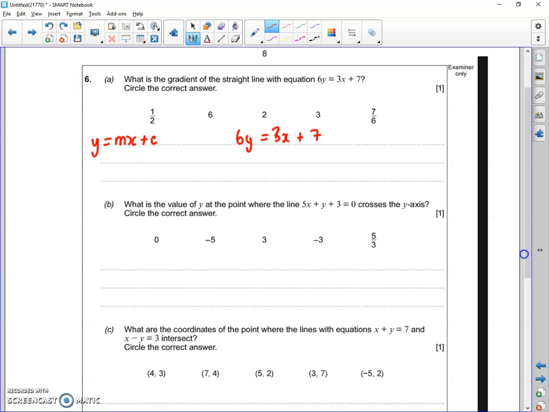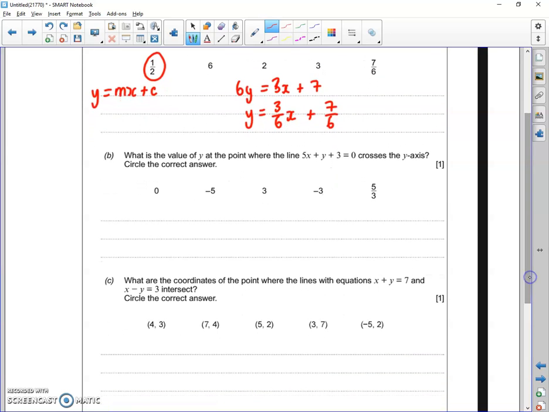I need to get rid of the 6 from the left-hand side. So divide everything by 6. So that's 3 divided by 6 x plus 7 divided by 6. 7 divided by 6 is not very nice, but 3 divided by 6 is a half. So the gradient is a half for part A. You've got to get it into the correct format, y equals mx plus c.